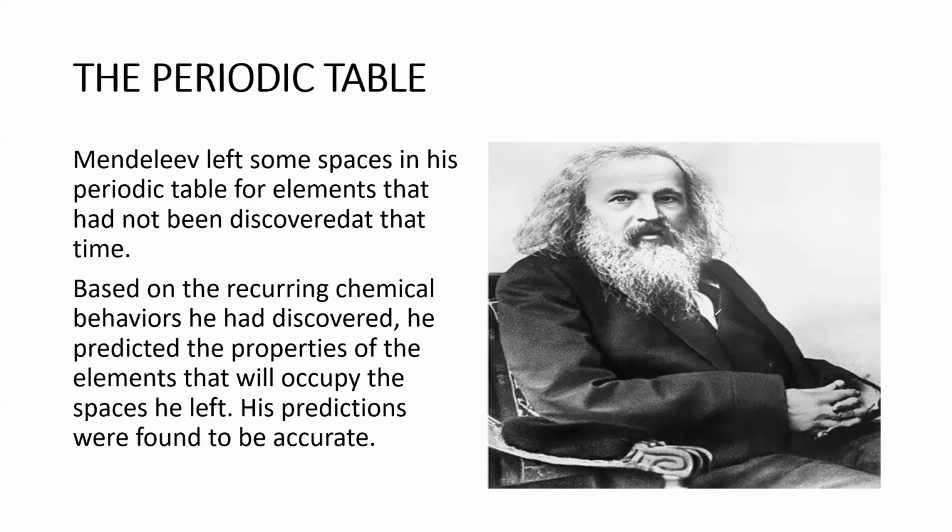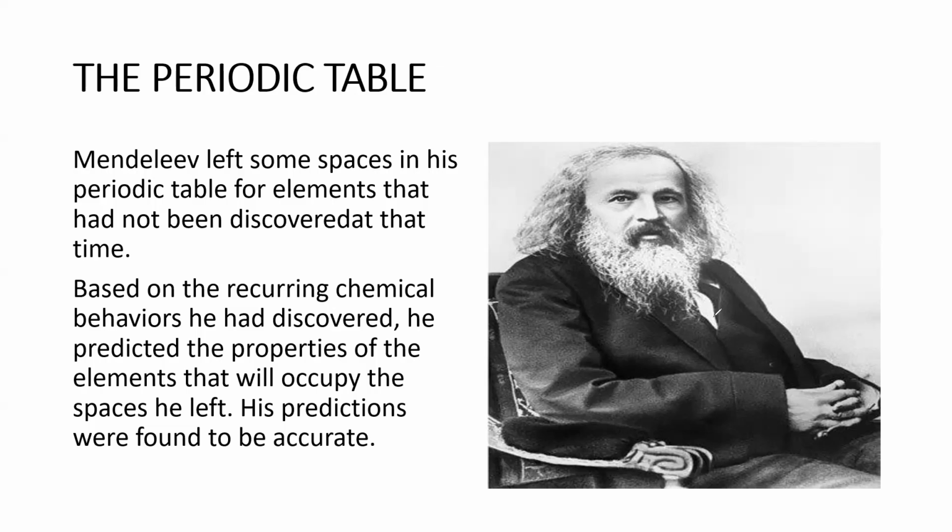Are we together? Now, based on the recurring chemical behaviors he had discovered, he predicted the properties of the elements that will occupy the spaces he left. This is a very wonderful thing he did, because he noticed that the elements that he arranged in one group had similar properties. Every element in every group, the way he arranged them, had similar properties.